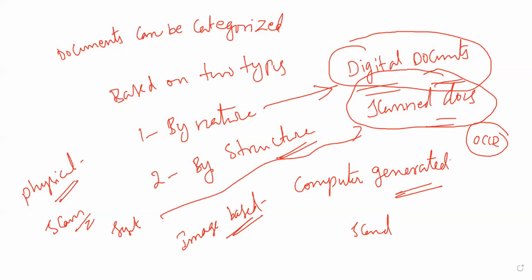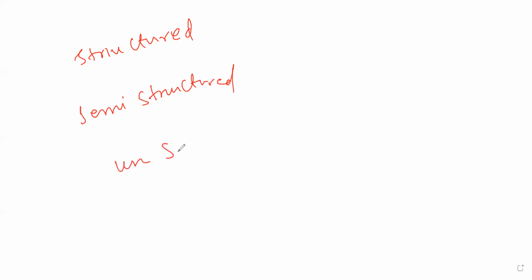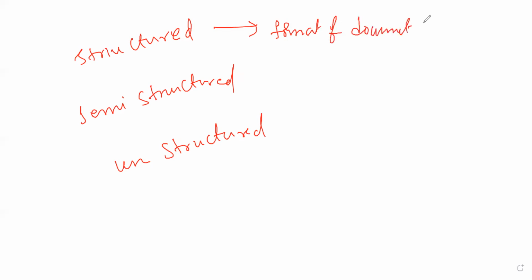When it comes to the structure of the documents, we have structured, semi-structured, and unstructured documents. Structured means the format of the document is fixed and there is no variance.